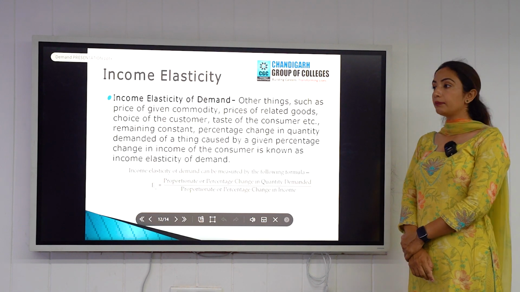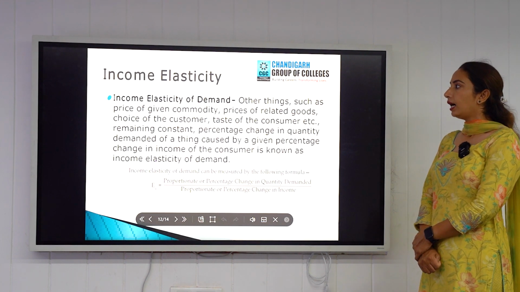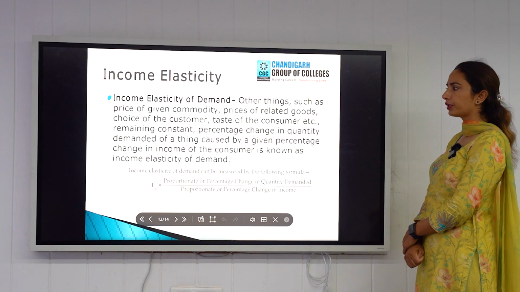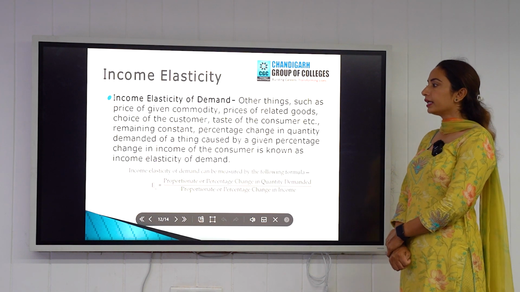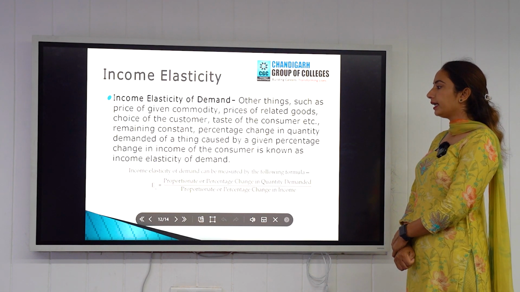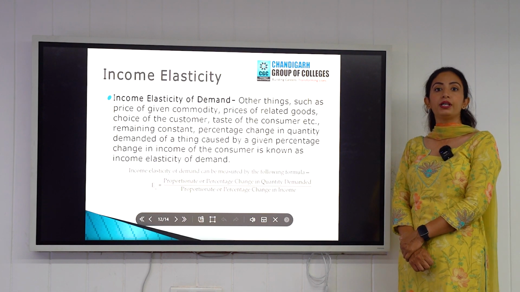Next is income elasticity of demand. Income elasticity of demand means, other things such as price of a commodity, price of the related good, choice of the goods, and taste of the consumer remaining constant, the percentage change in quantity demanded of a thing is caused by a given percentage change in the income of the consumer.